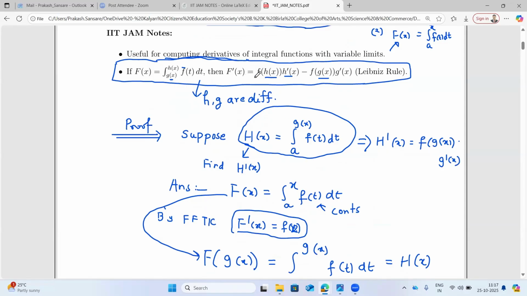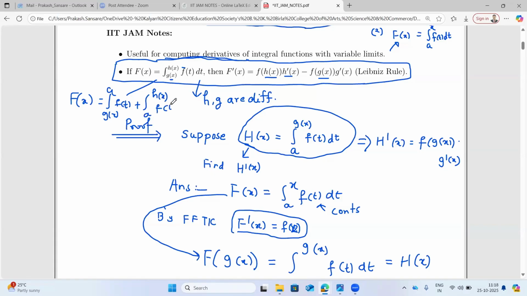Right. Now you observe this function F(x) in terms of the indefinite integral. This small proof will help to complete this proof. Now my F(x) can be written as the integral from g(x) to a of f(t) dt, plus I can add a in between. I'm assuming that students are aware of the linearity property of Riemann integration.